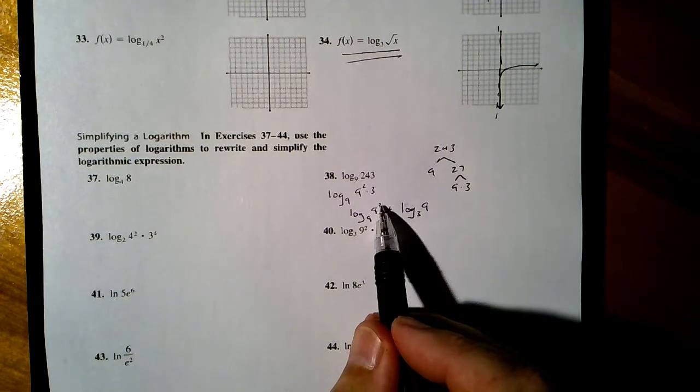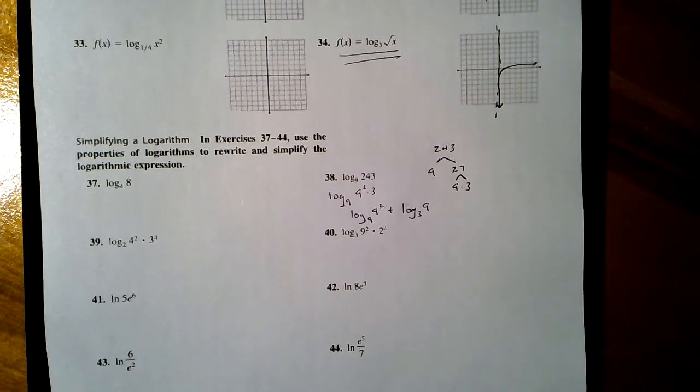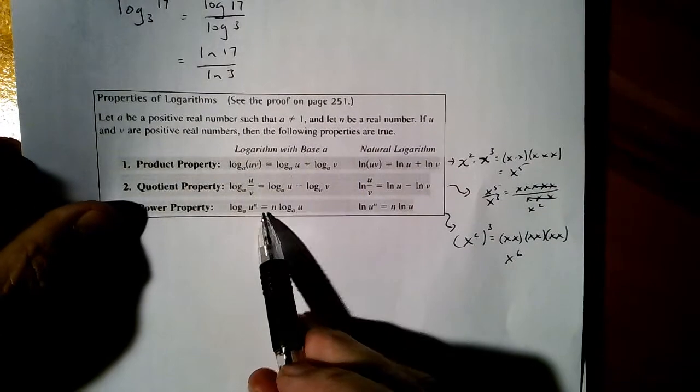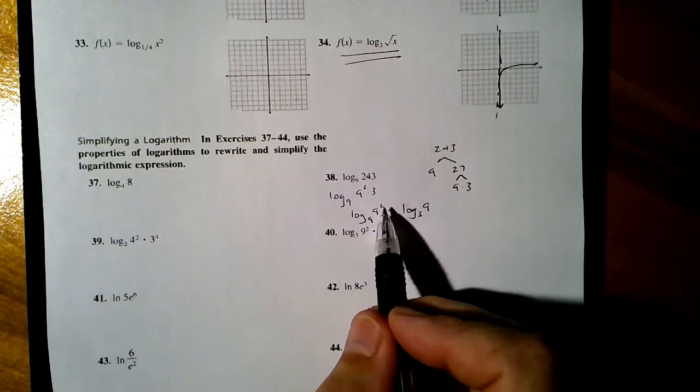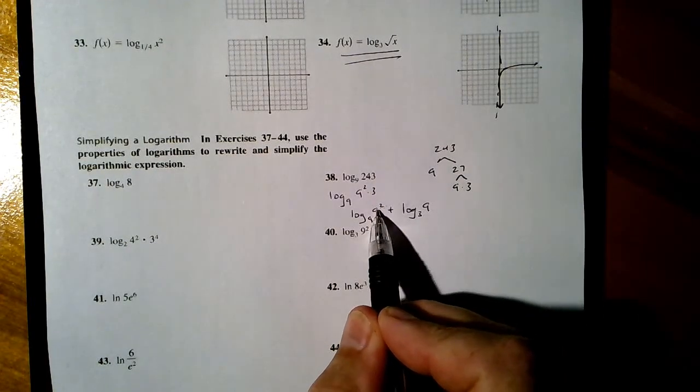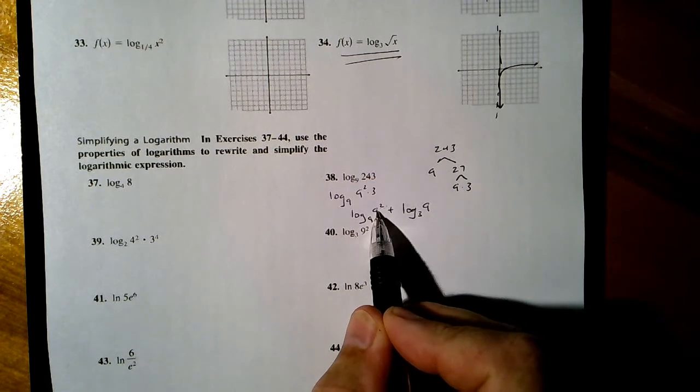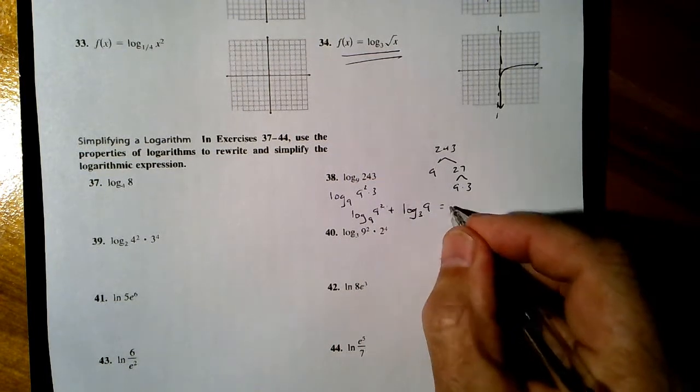Here's another way of looking at it. Property 3 over here would allow me to pull that exponent out in front, and I would get 2 times log base 9 of 9. What's the exponent that turns 9 into 9 to the 1? 2 times 1, so this is just 2.